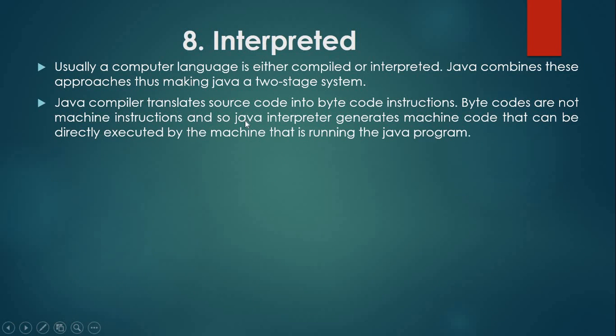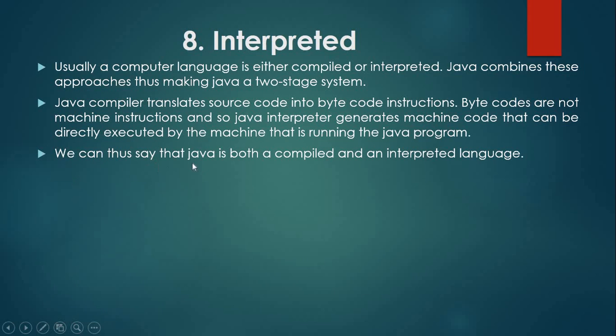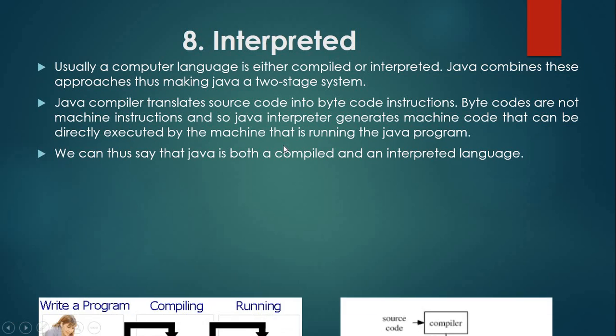The Java compiler translates source code into bytecode instructions. That bytecode is not machine instructions, so we cannot run that bytecode directly. So the Java interpreter generates machine code that can be directly executed by the machine. So that is how a Java program runs. We can thus say that Java is both a compiled and interpreted language.